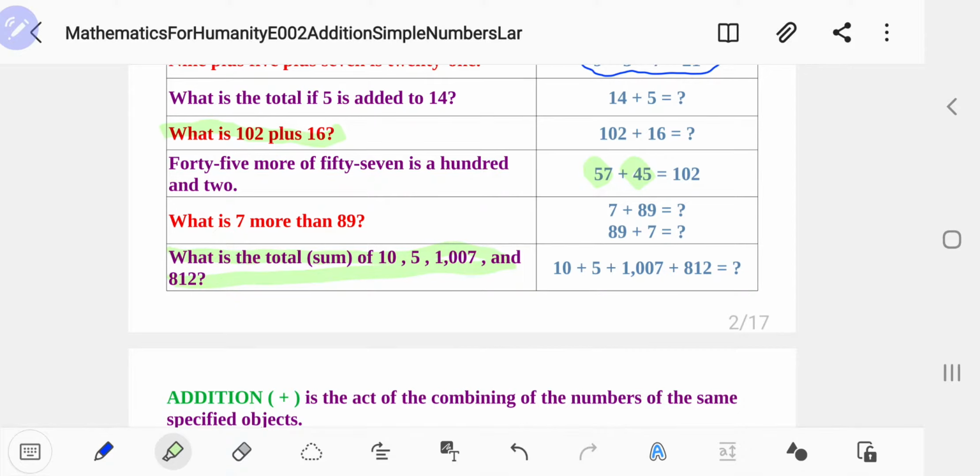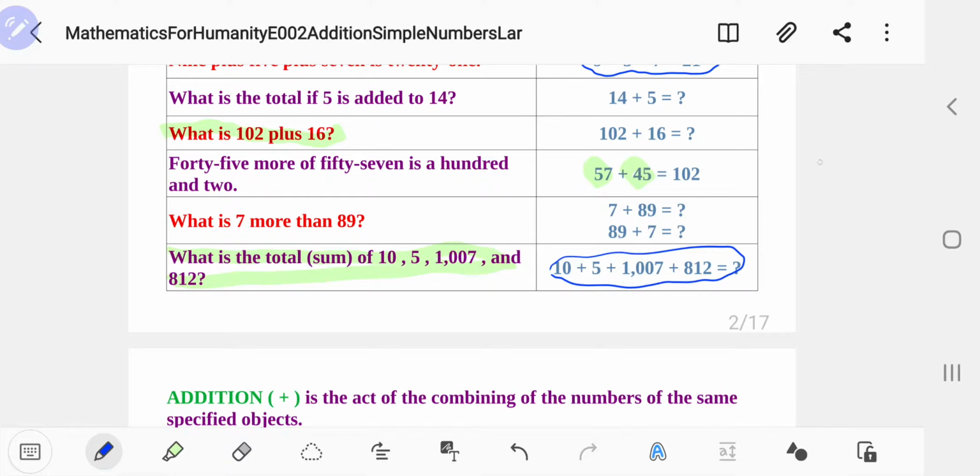What is the total of 10, 5, 1007, and 812? So your mathematical expression for that would be this one. 10 plus 5 plus 1007 plus 812 equals.